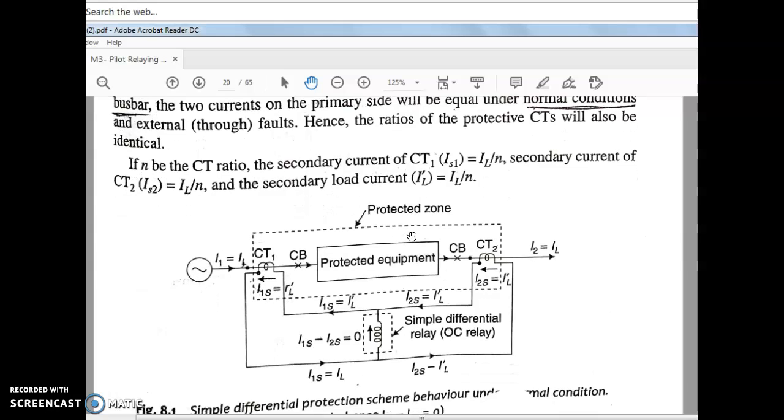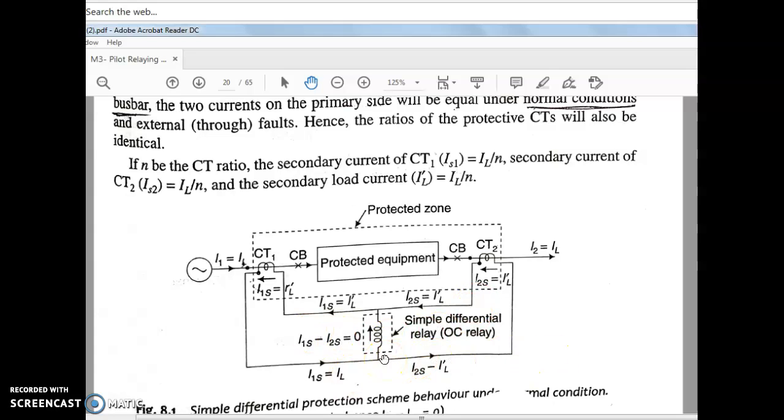The first CT and second CT are connected through the two pilot wires, and these carry the operating coil of the overcurrent relay, which is connected at the middle of the pilot wires.